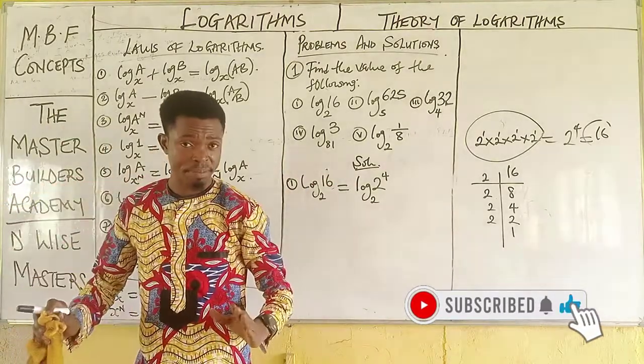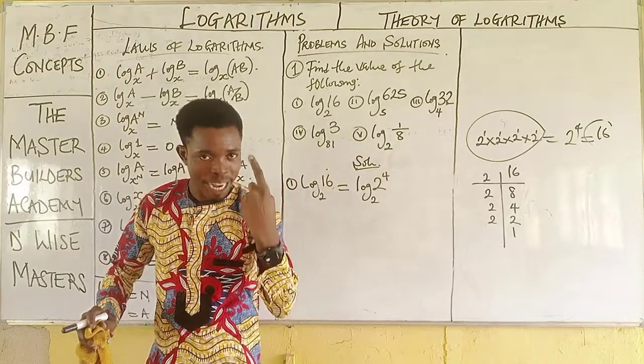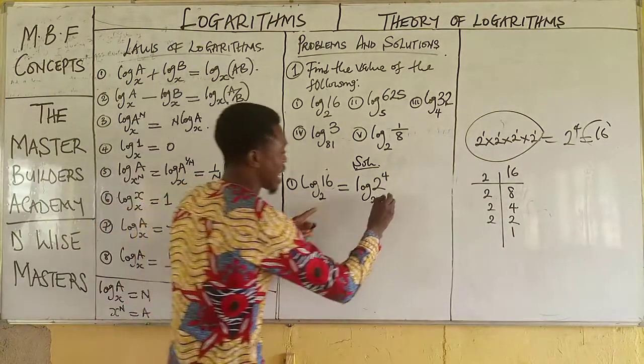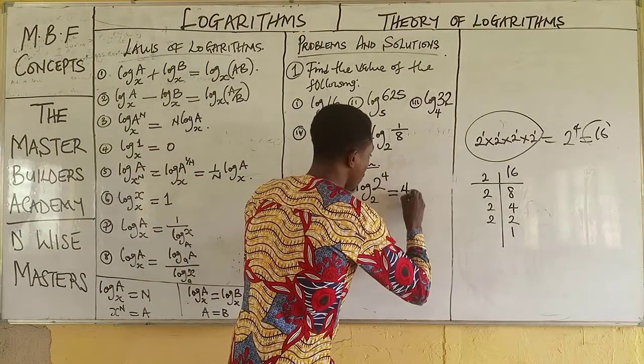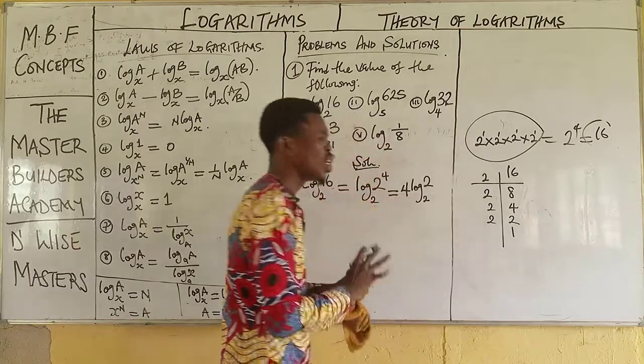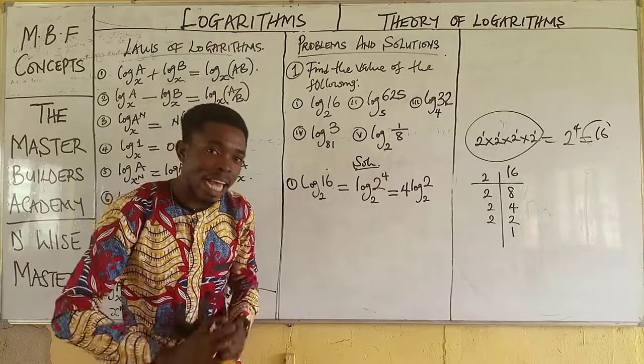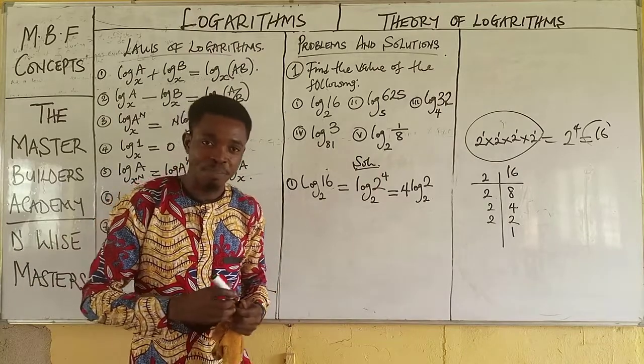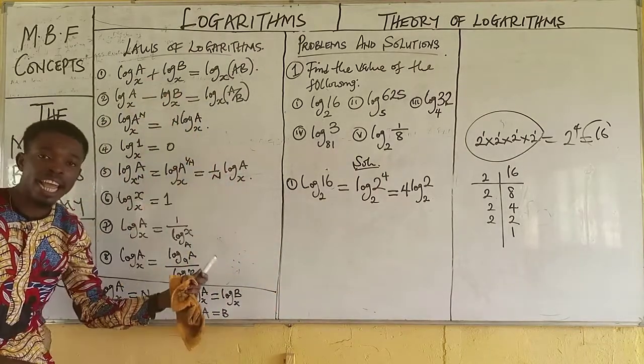Are you with me? Please pay attention. So we can rewrite this as 4 log 2 to base 2, using the third law of logarithms as stated here.